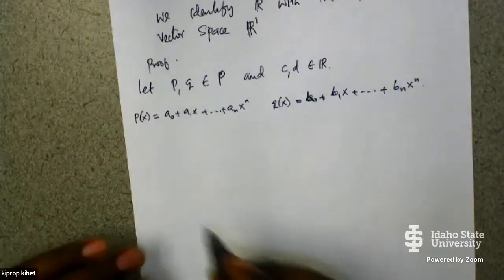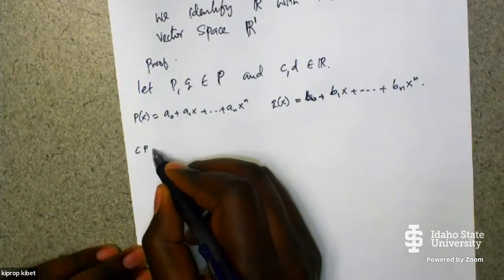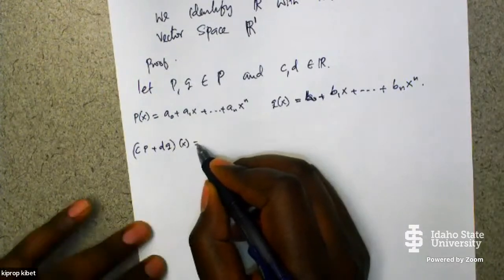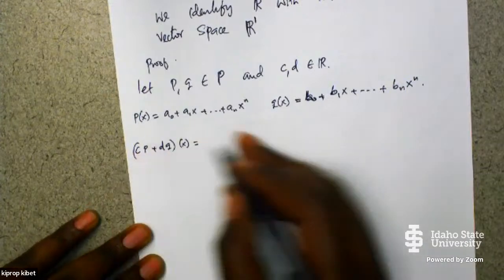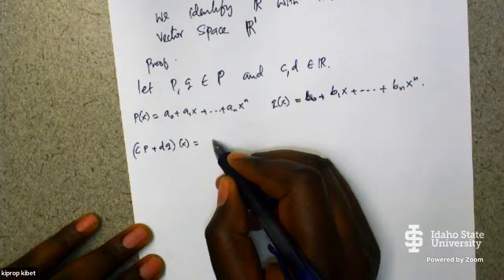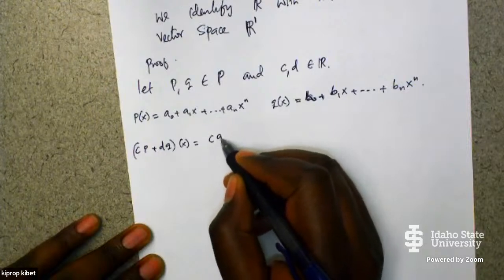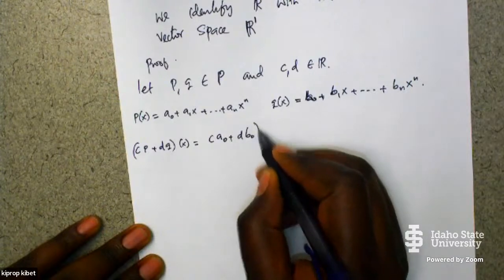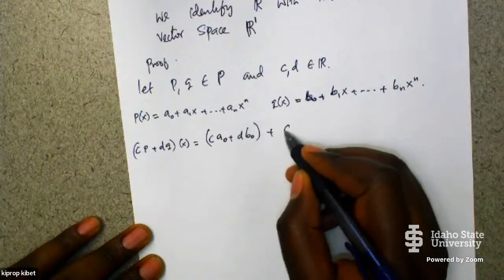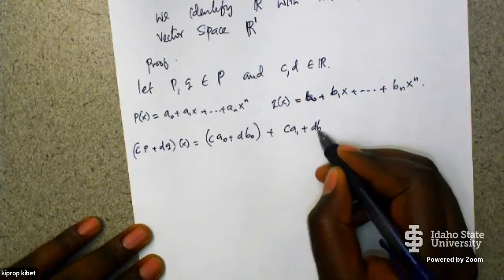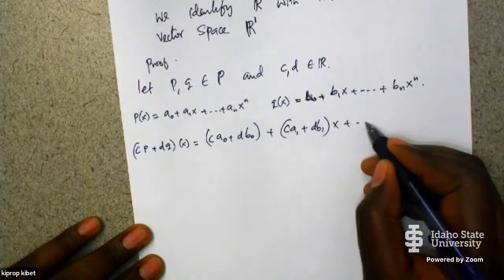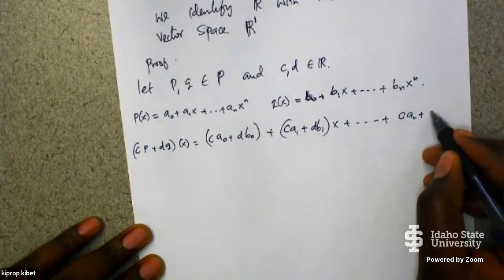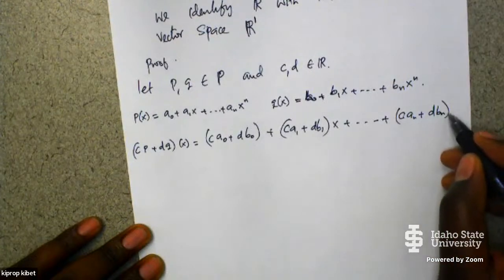Then our cp plus dq of x is the same as c a naught plus d b naught, that is what we did, plus c a1 plus d b1 times x, plus the last one, c an plus d bn times xn.